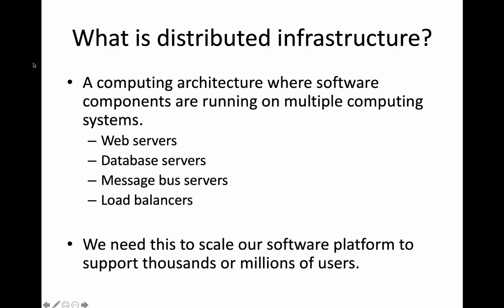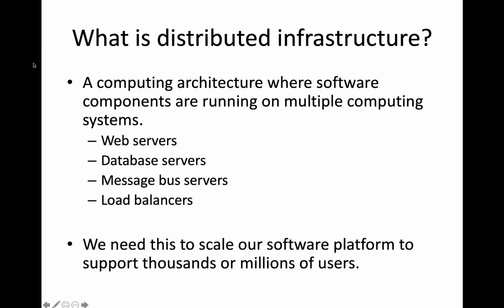For example, you might have a software application that is running on dozens or even hundreds of different web servers. You may have data which is partitioned and distributed across multiple database servers.